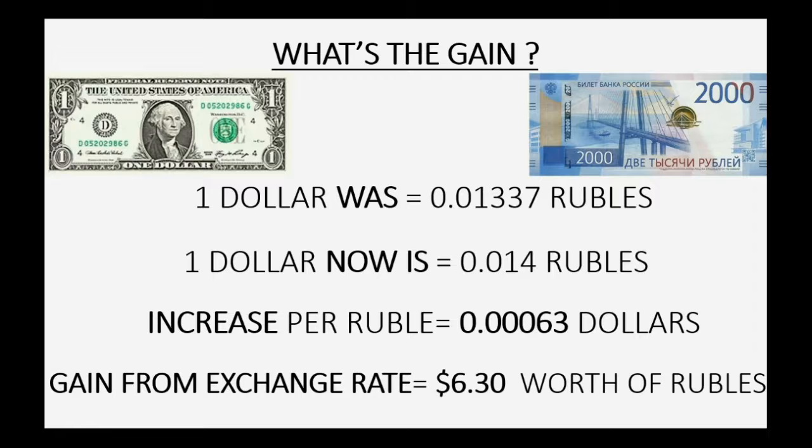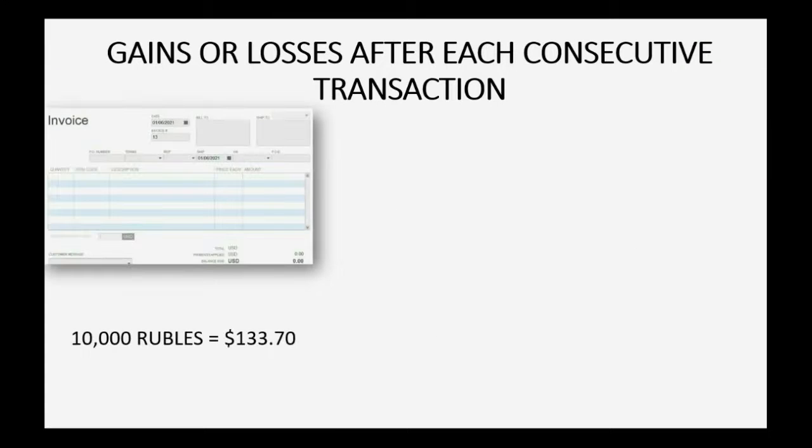It's very easy to multiply times 10,000. Just move the decimal point over and you see if the gain was $0.00063 for each one, times 10,000, that's $6.30. Another way of looking at it is that the day we made the invoice, the rubles were worth $133.70.